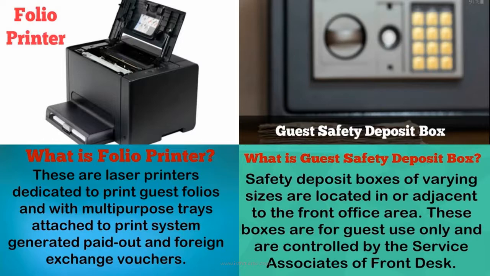So, here in this lesson, the folio printer is a machine dedicated to printing every guest's paper with all the information: the type of room, the number of people, the number of children if they have any, and the number of nights he or she is going to spend.